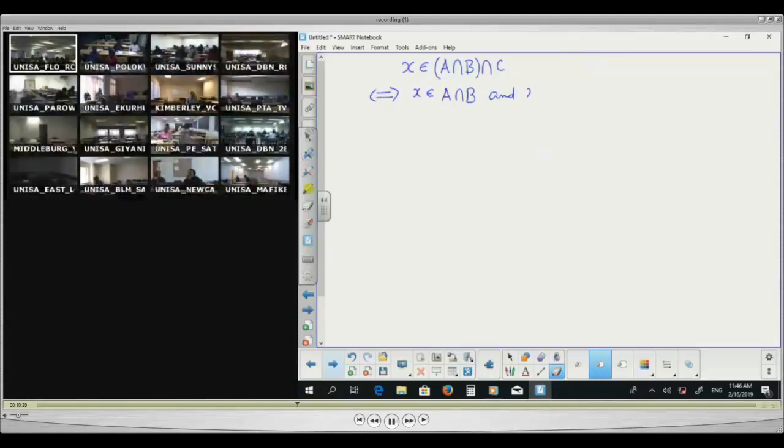But this is the same thing as saying X belongs to A and X belongs to B, and but this statement is true if and only if this statement is true.